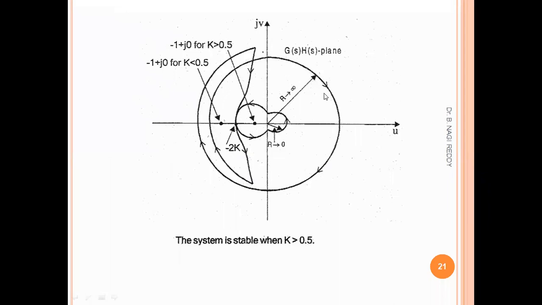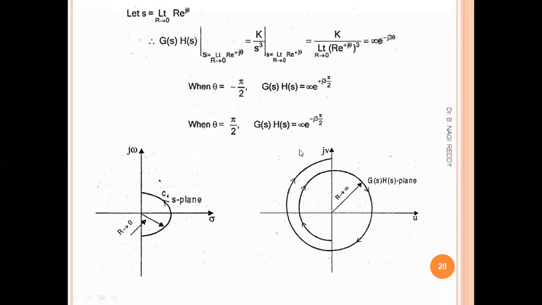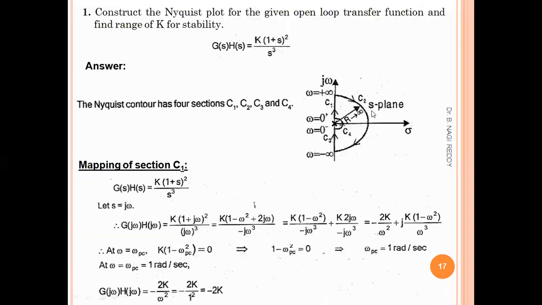Now you can see the 540-degree rotation, and it has reached the starting point of C1. So it is a circular path. It is a loop. It has to come as a loop because our Nyquist plot, what we have taken for the S-plane, is a loop.